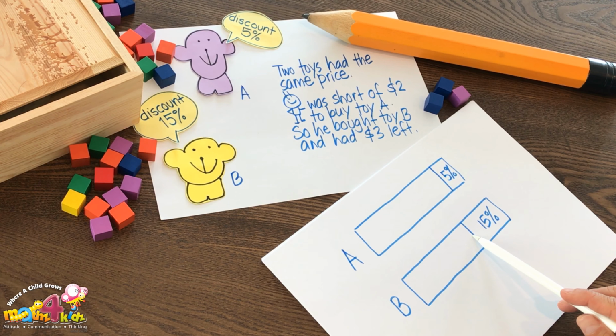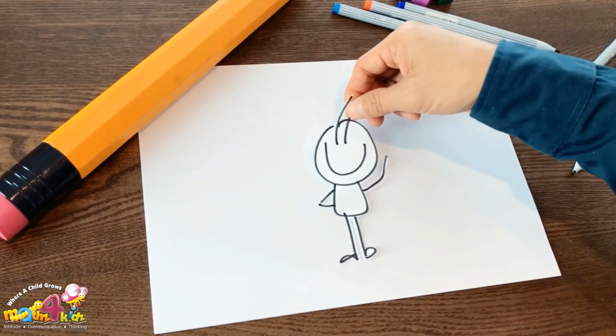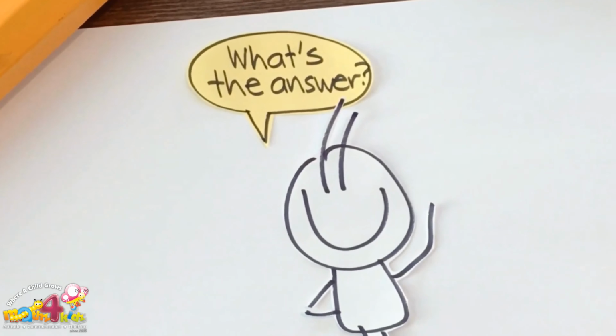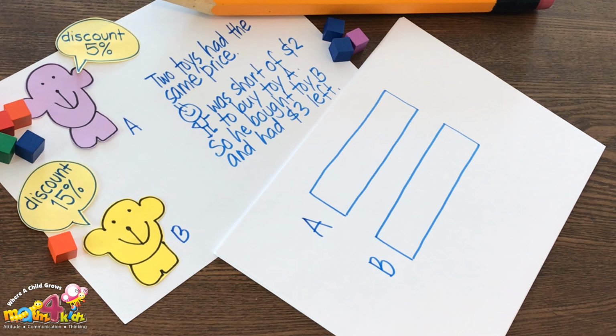And as a result, Spiky had $3 left. Can you imagine the bar model for Spiky's amount of money? Can you continue? What's the answer? How can I get an answer if I have started with these bar models?